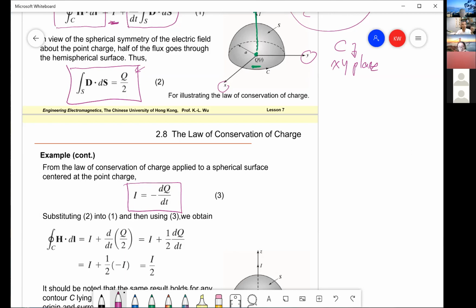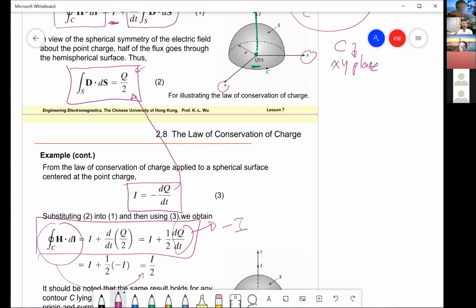Follow this relation, then we substitute this into this. Then we can easily get this. We replace this by minus I. Then we know the circulation of the magnetic field is equal to half of the current.